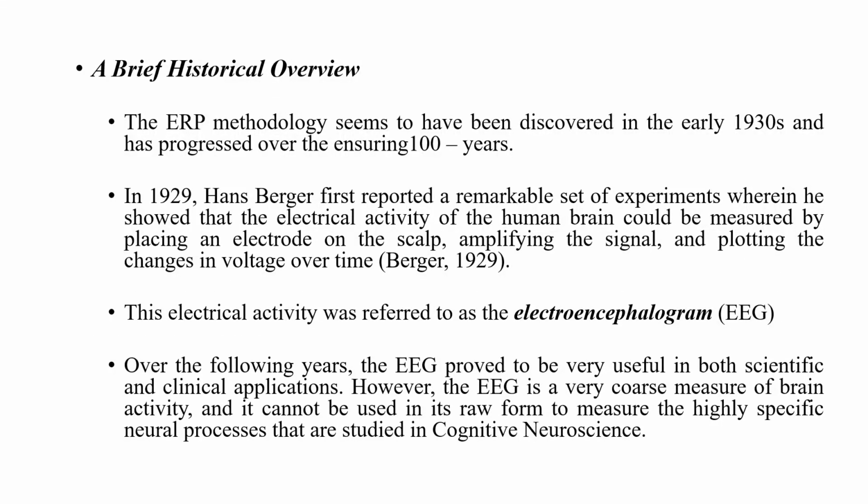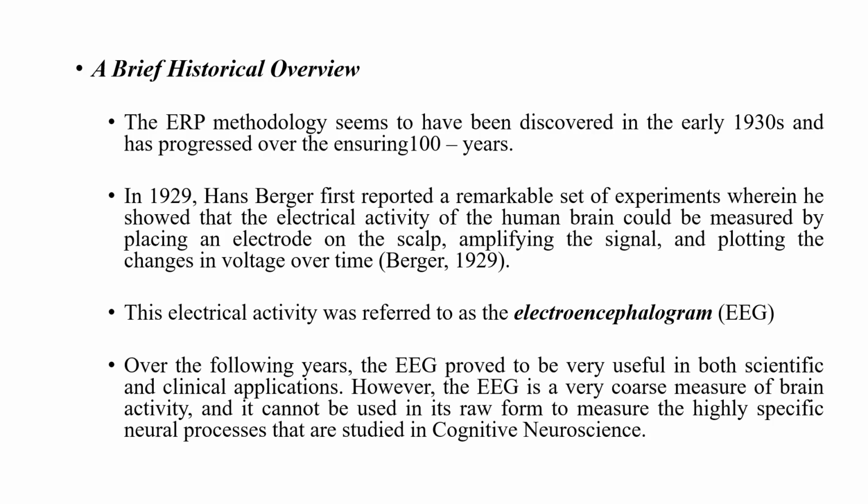Now, before we dive further, let's have a brief historical review of how this technique developed. The ERP methodology seems to have been discovered in the early 1930s and has now progressed over the ensuing 100 plus years almost.